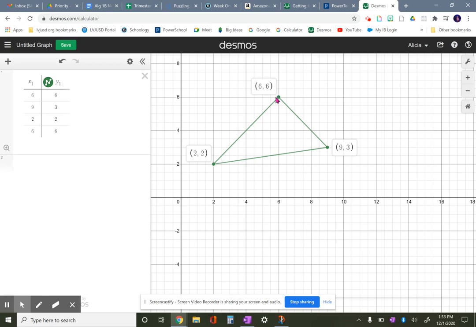The way we can double check is by looking at the slopes. We can calculate the slopes, or we can just use rise over run like we see here. So I'm going to find the slope of this line, which is AC, and the slope of this line, which is AB.